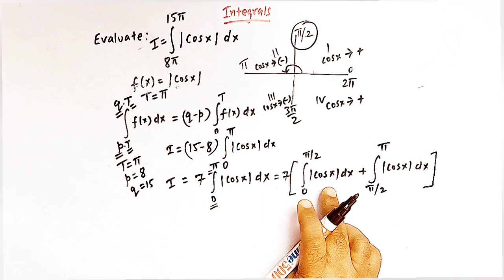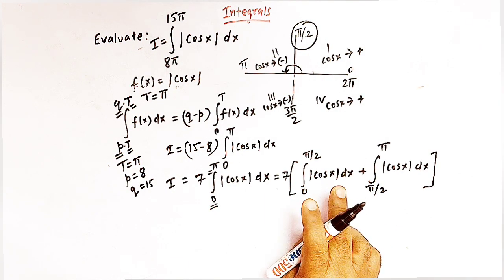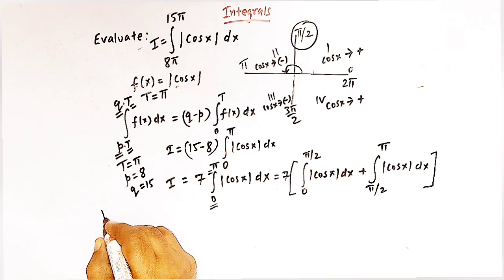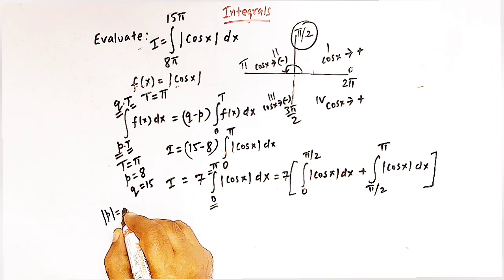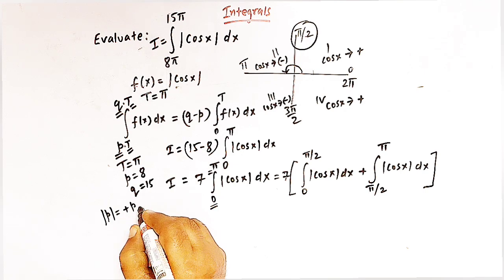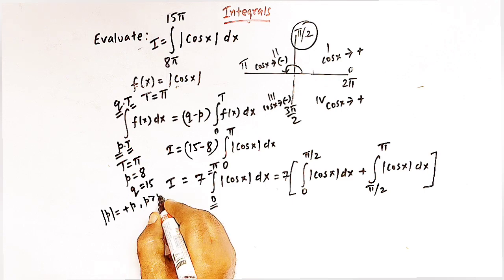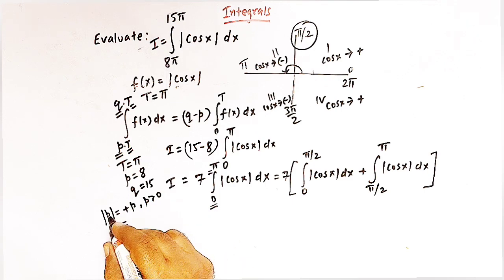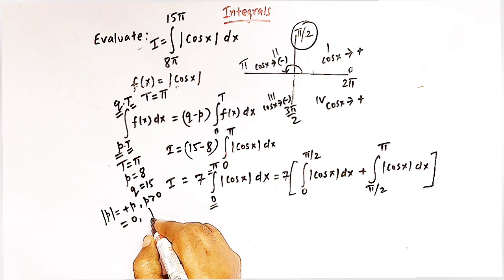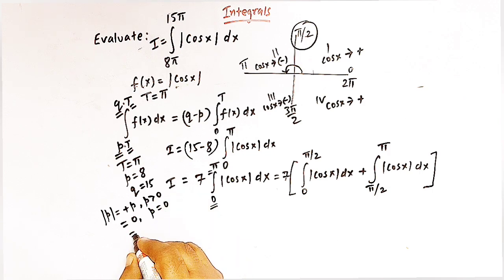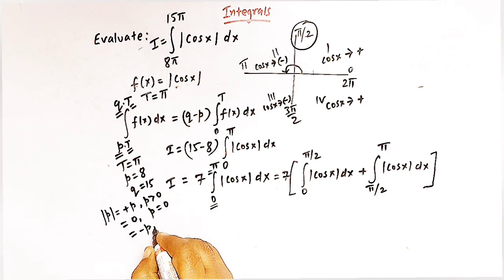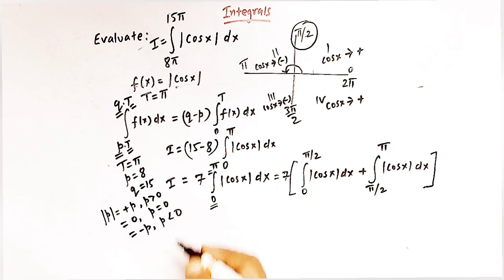Now let us make use of the definition of a mod function. Mod of p is defined as positive p whenever p is greater than 0, mod of p is 0 whenever p is equal to 0, and mod of p is negative p when p is less than 0.